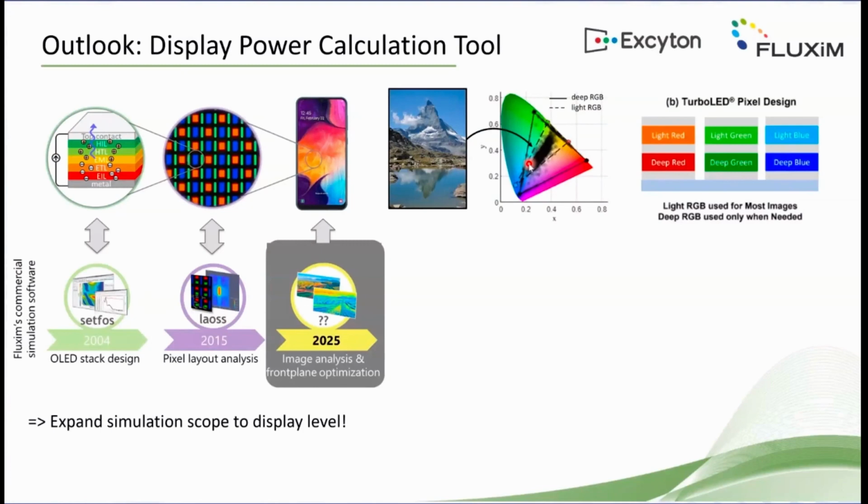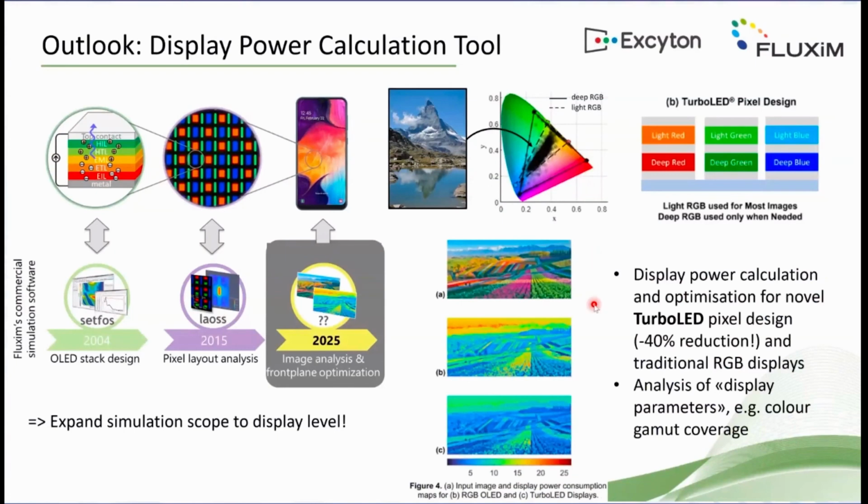You see that most of the pixels in the image are from a region in the color coordinate diagram which is central here. So these are not really deep colors. This allows us to use light subpixels, which are more efficient than the ones with deeper colors, and this is a way to save energy and power consumption.